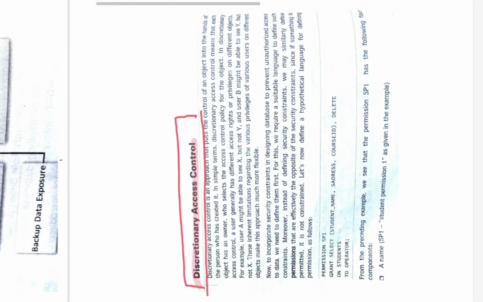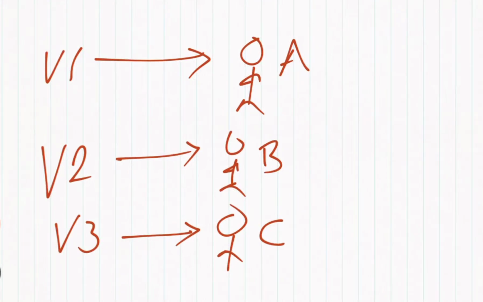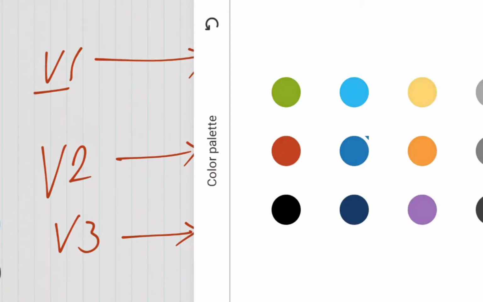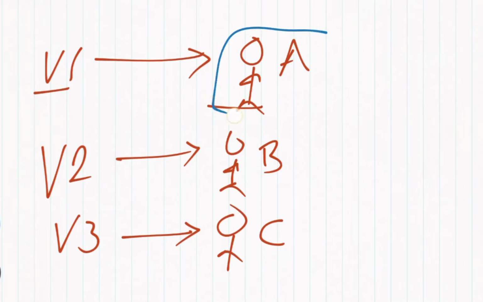Here this kind of access control will have its own owner who will select the access control policy for the object. If this is the object and this is the owner, the owner will decide what to do and who can access this particular object.